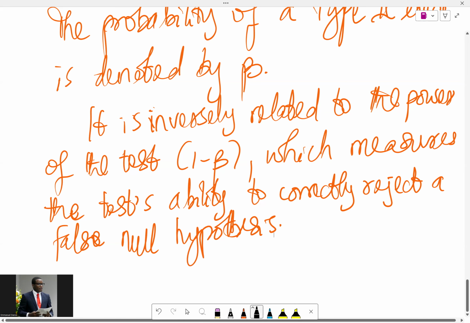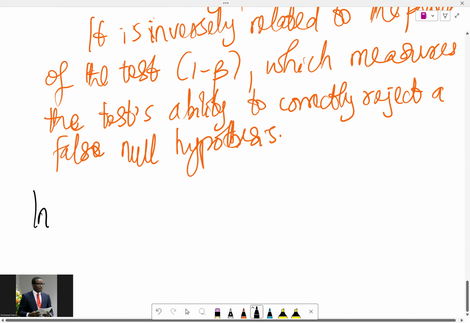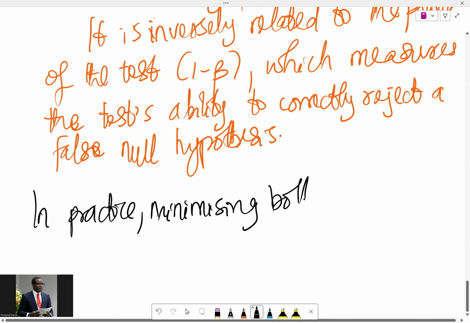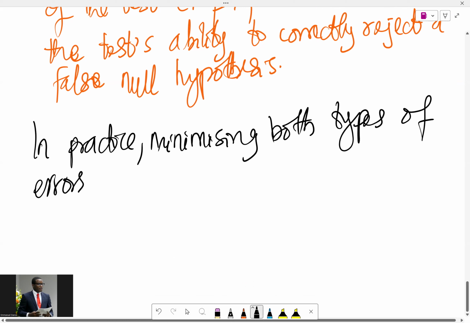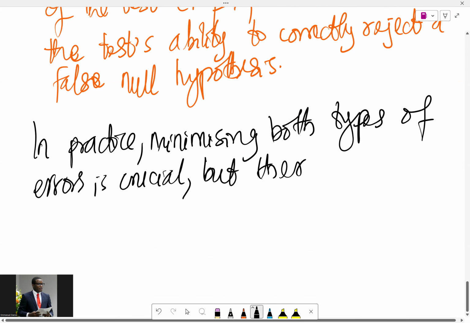Now, to put everything together in practice, minimizing both types of errors is crucial. But there is a trade-off between them.